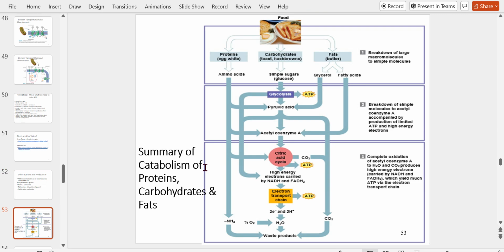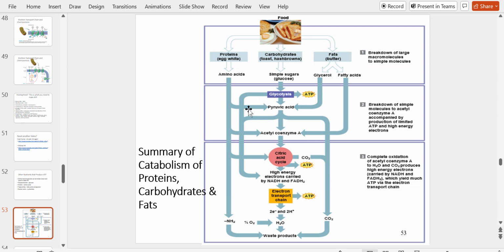Summary of catabolism of proteins and carbohydrates. There's different things there that can be broken down in different ways. I'm not going to test you on any of this, but you'll see proteins, amino acids, they do enter at this stage. But you'll see glucose, simple sugars, they enter in at the top of glycolysis.